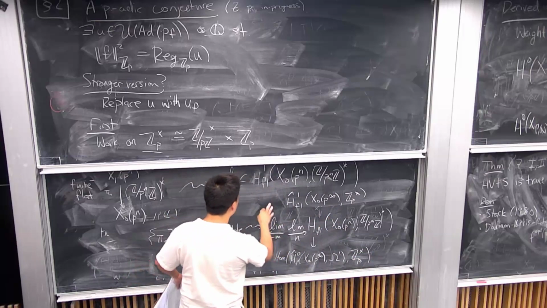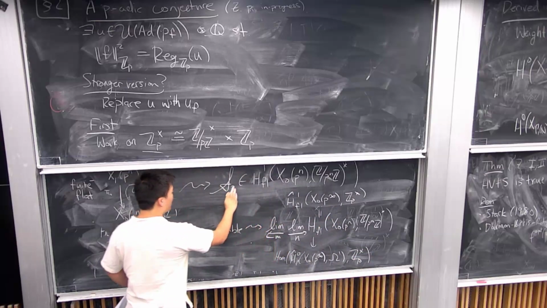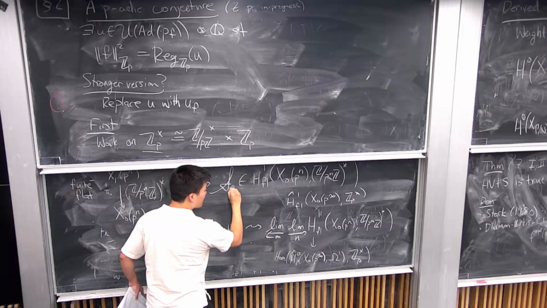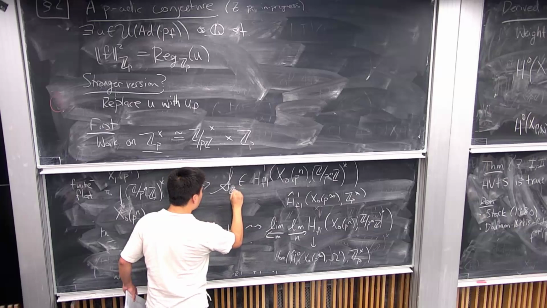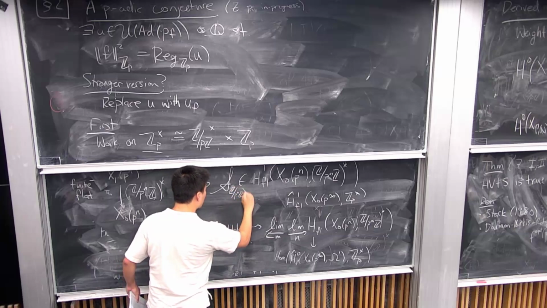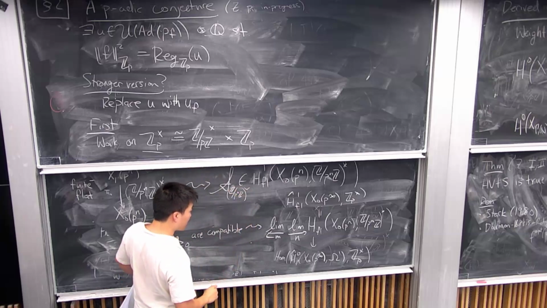So what I wanted to do is, this is my Z mod p^n Z Shimura class. So I have multiple Shimura classes floating around, and I'm being a little bit sloppy.